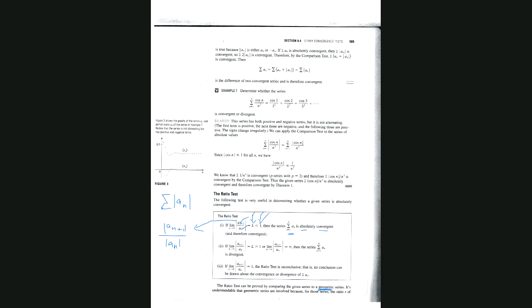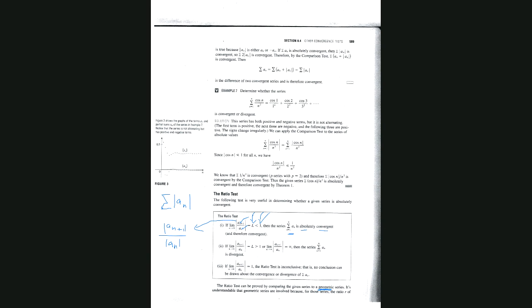So what you're really saying is that as you go out into the series, as n gets large, and remember, convergence or divergence of a series is dependent on the eventual behavior of the series.